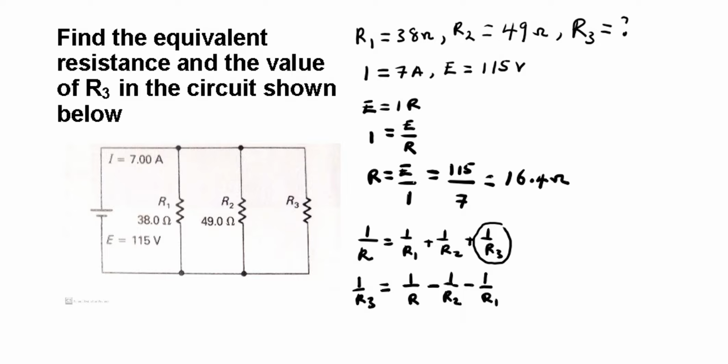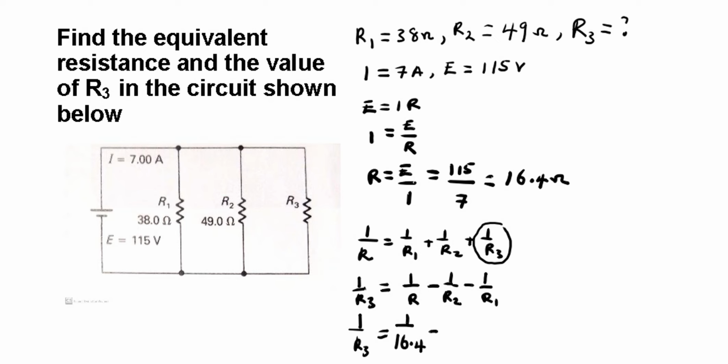All right, so let's go ahead and put the values. Here 1 over R3 will now be equals to 1 over R. The value for R is 16.4.